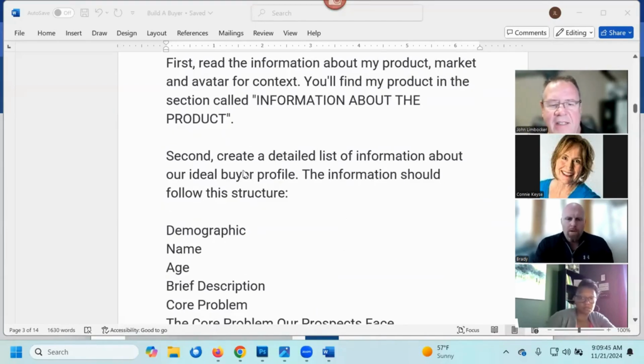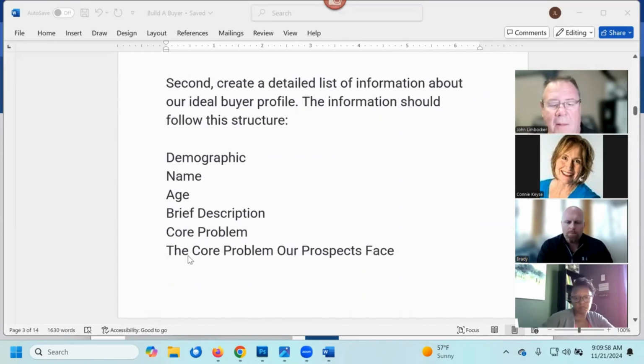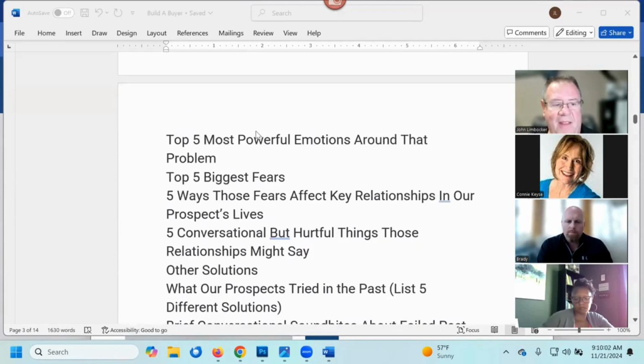Second, create a detailed list of information about our ideal buyer profile. The information should follow this structure: demographic, name, age, brief description, core problem. The core problem our prospects face. Top 5 powerful emotions around that problem. Top biggest fears.